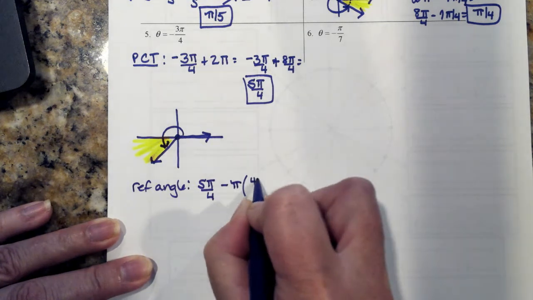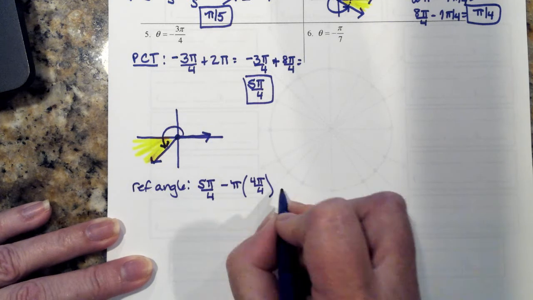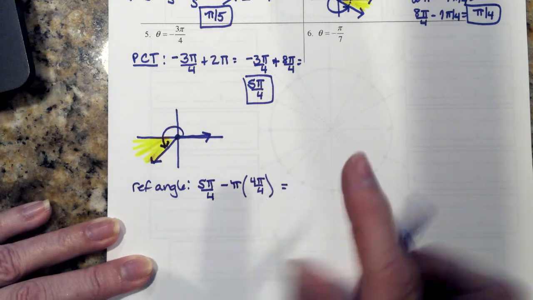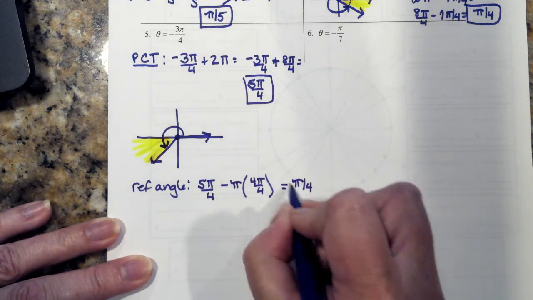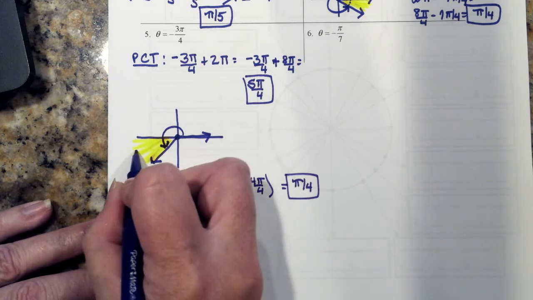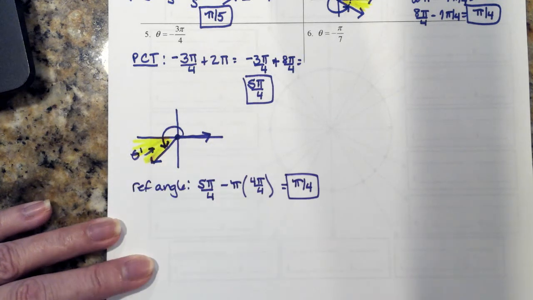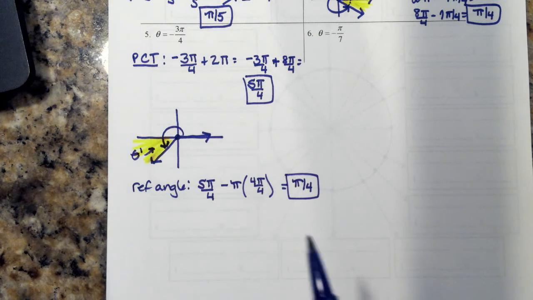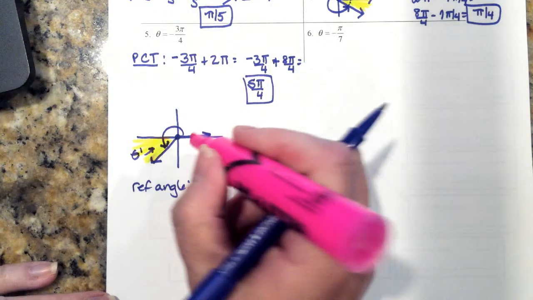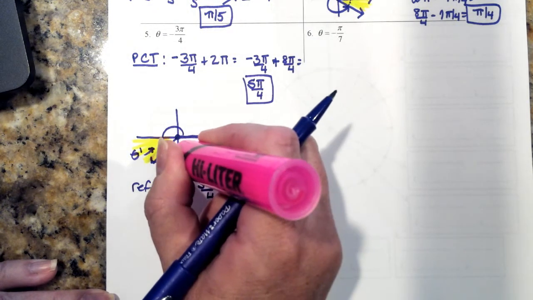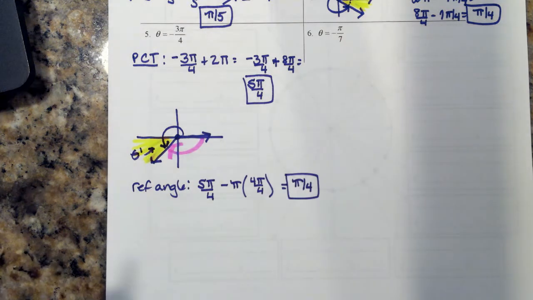And I know pi is equivalent to 4 pi over 4. So 5 pi over 4 minus 4 pi over 4 is going to give me pi over 4. So that's that reference angle right in here. If I needed to sketch negative 3 pi over 4, remember negative 3 pi over 4 is the angle measurement rotating in that clockwise direction.